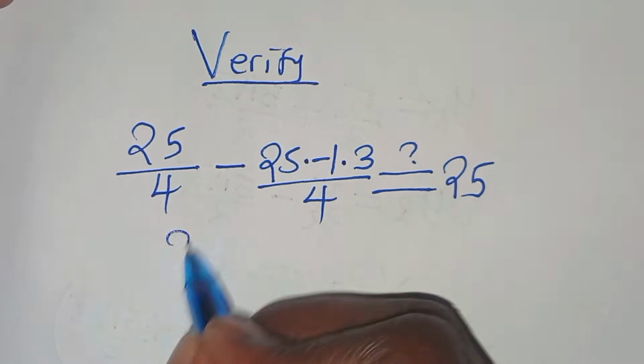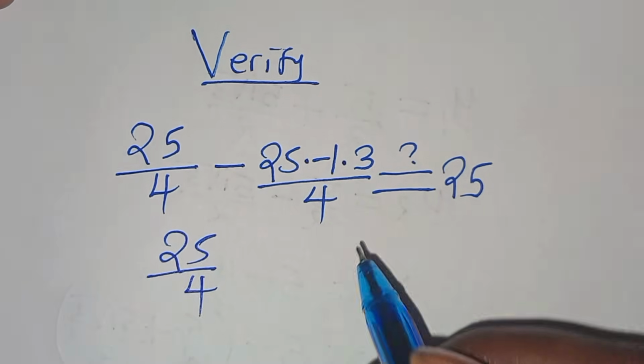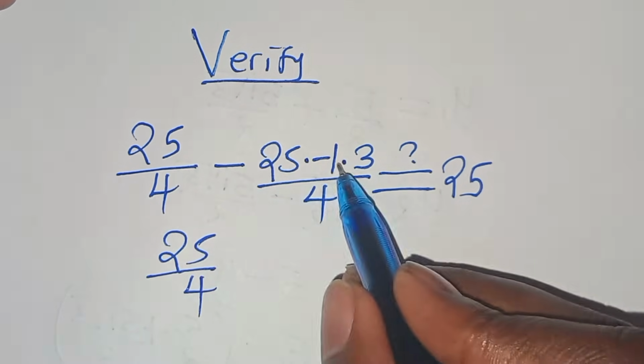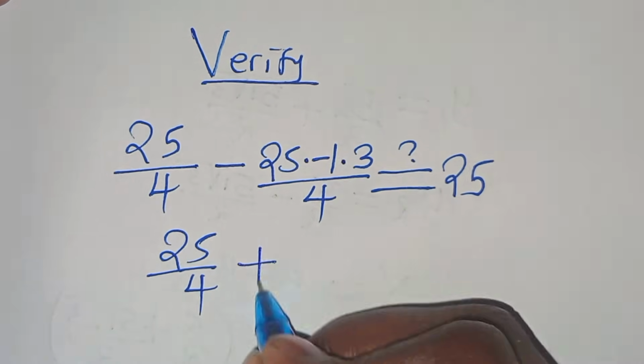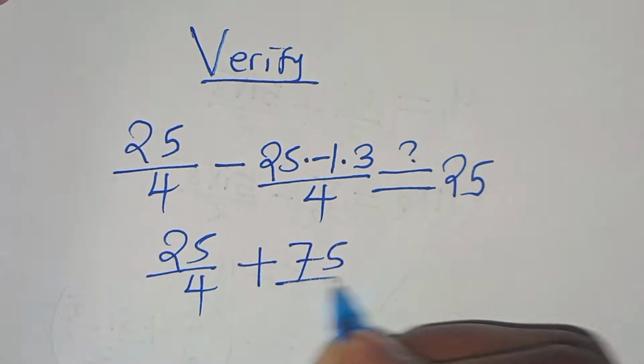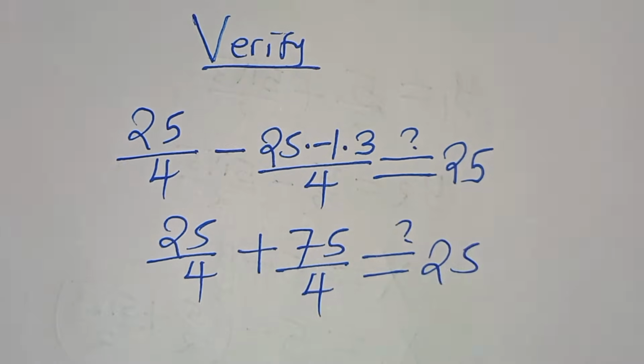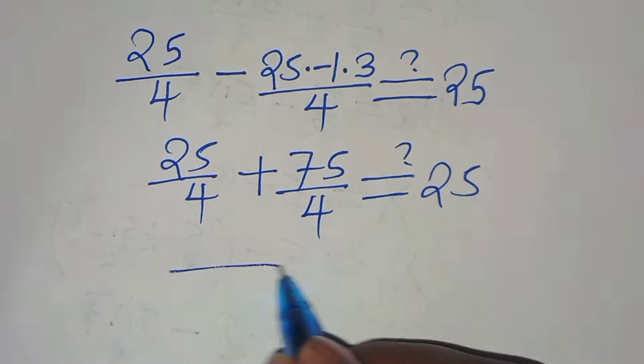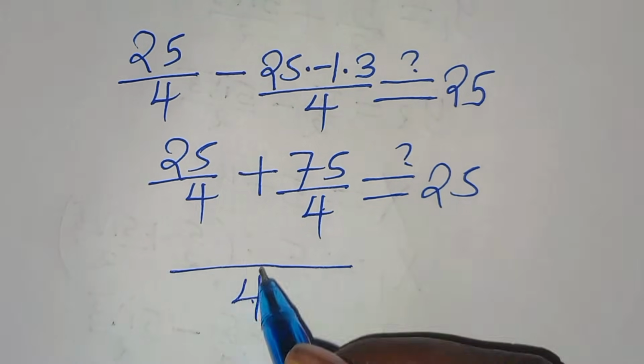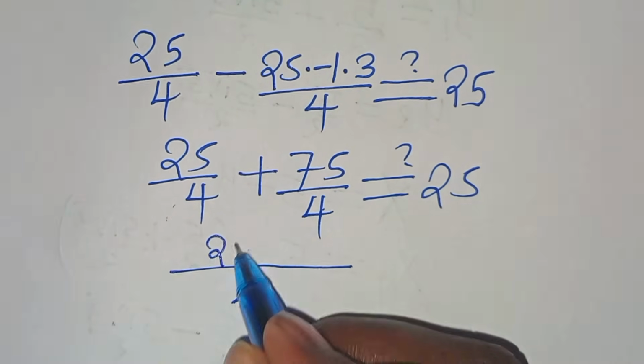Now we have here 25 over 4 minus 25 times minus 1 times 3. This is plus 75 over 4. This is supposed to give us a value of 25. So we have the LCM here is 4. 4 divided by 4 is 1 times 25. This is 25.